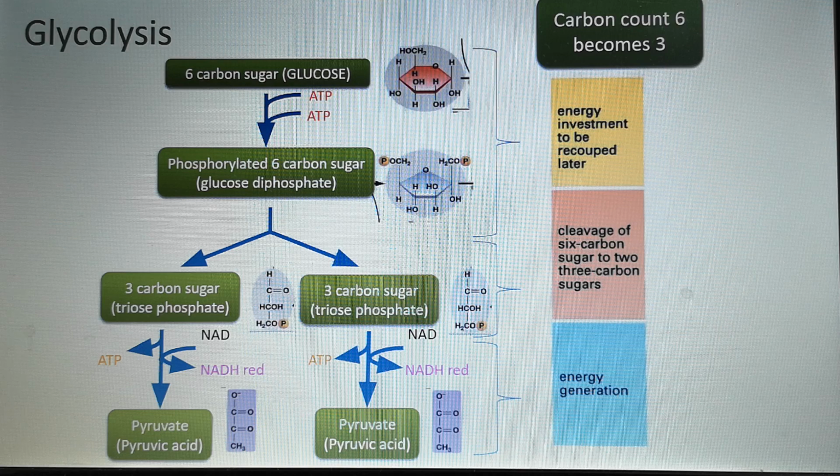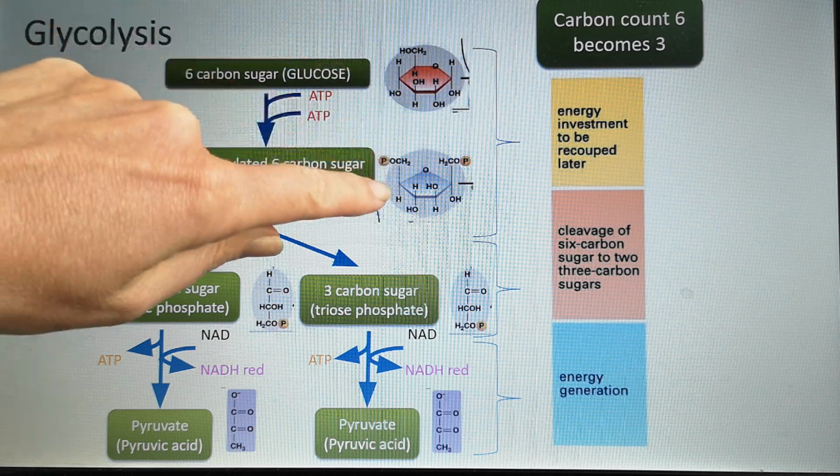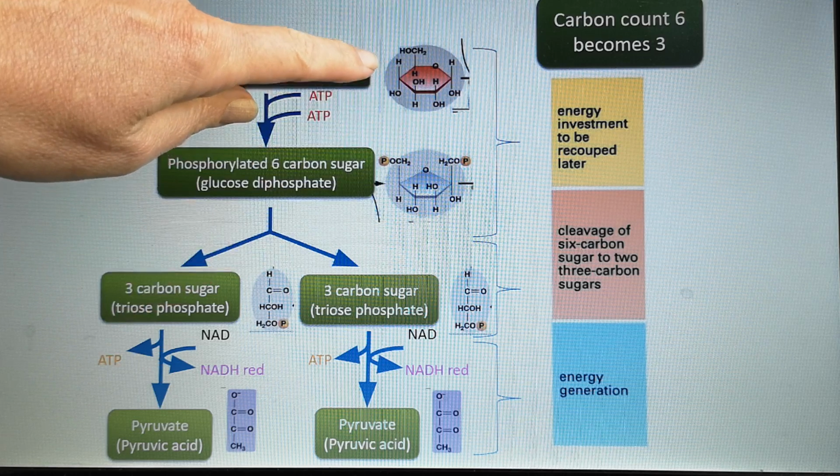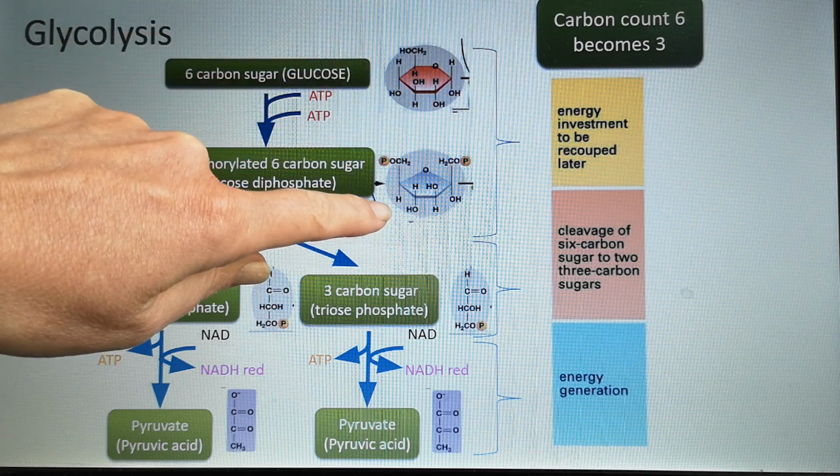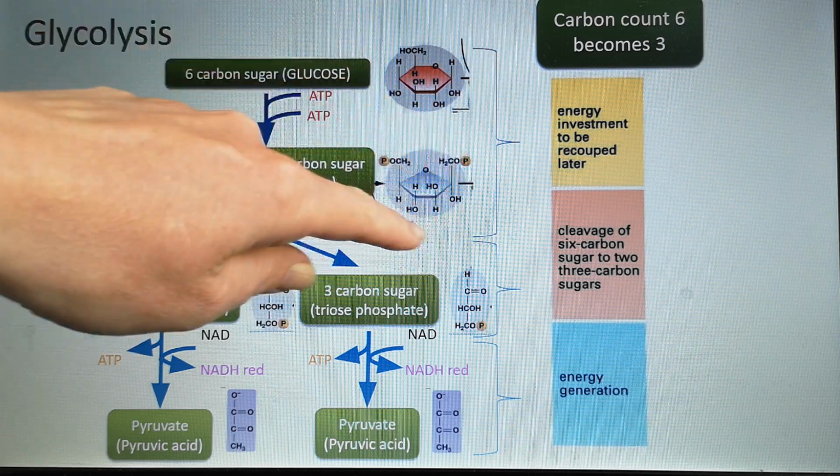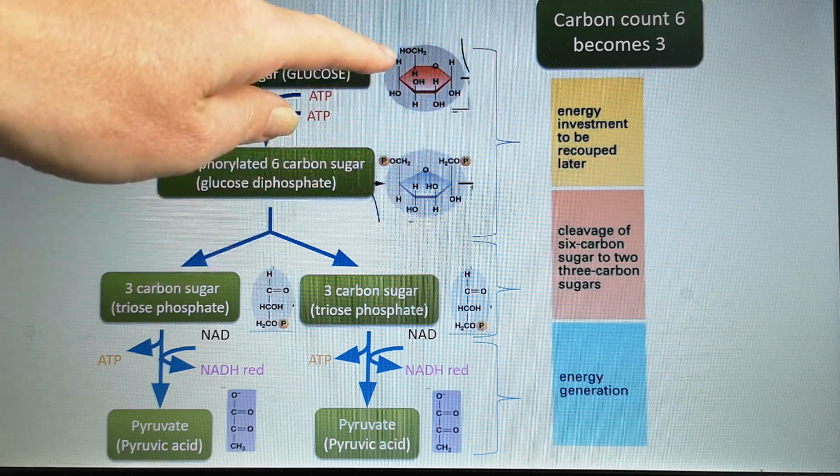Okay, elsewhere in the literature you will see it referred to as fructose 1,6-bisphosphate. Okay, and this is a picture of it, so you can see this is glucose. This is the fructose 1,6-bisphosphate. So you can see that it's a fructose structure, not a glucose structure.